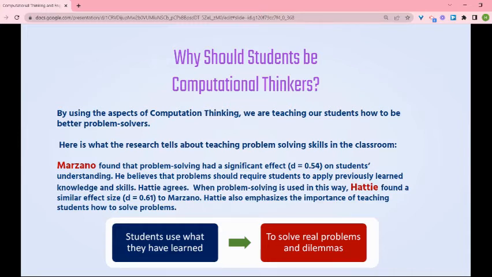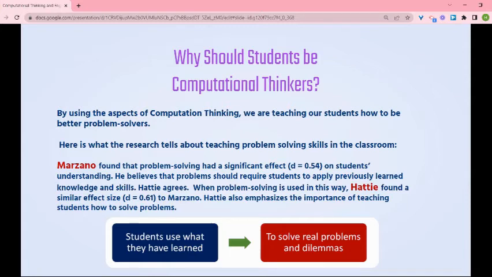And I'm talking mostly about Marzano and Hattie here. I think that these are probably the two biggest names in educational research, and really are kind of the gold standards when we're looking at effect size on student outcomes. And talking about effect size, here you see I've got two different ones, 0.54 and 0.61.